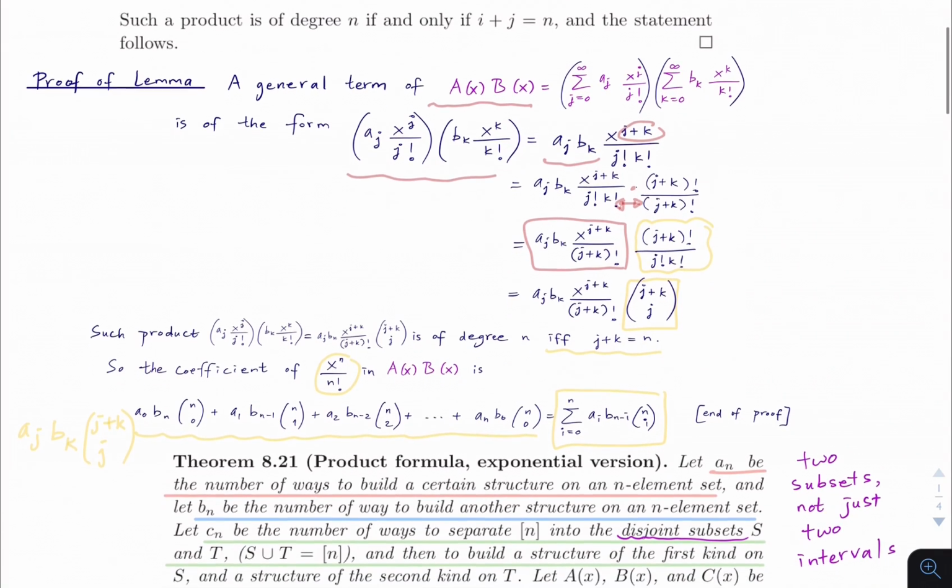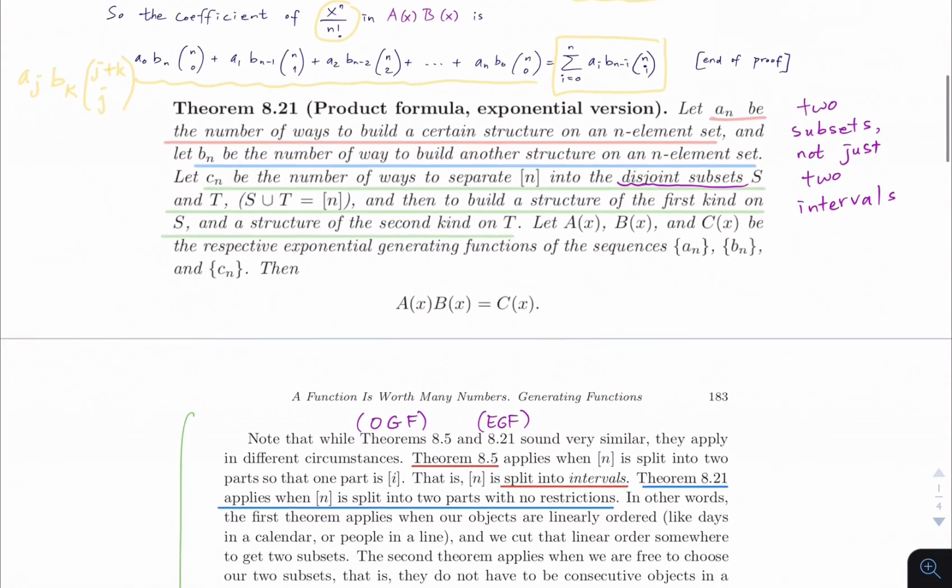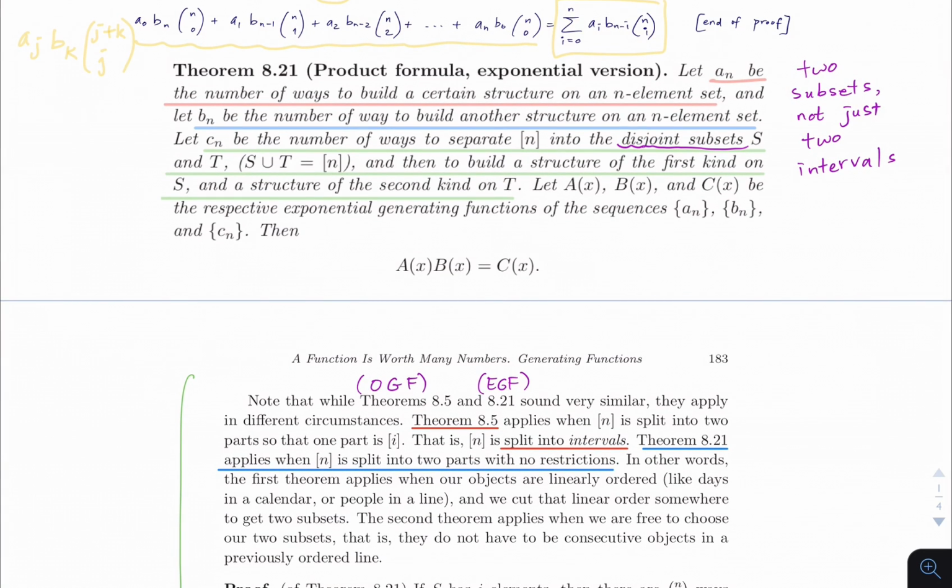And now we can use the lemma to prove the product formula for the exponential generating function. So just like in the ordinary generating function, I have a sequence a sub n, the number of ways to build a certain structure on an n element set. And I have another sequence b sub n, the number of ways to build another structure, possibly the same structure, on an n element set.